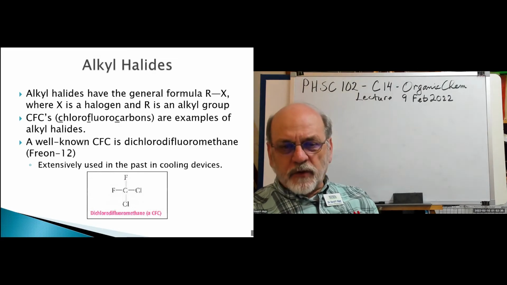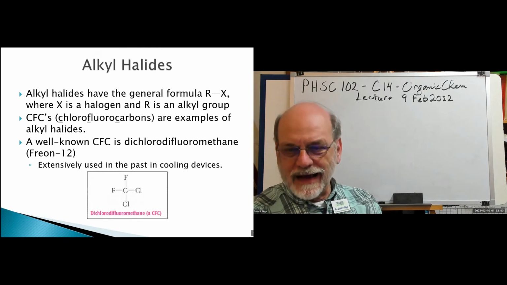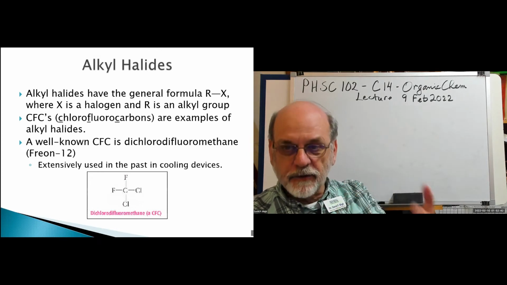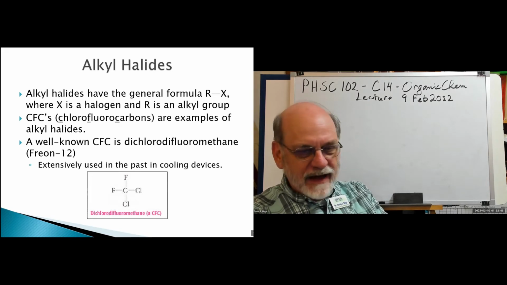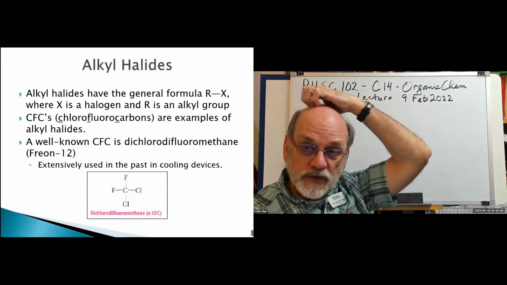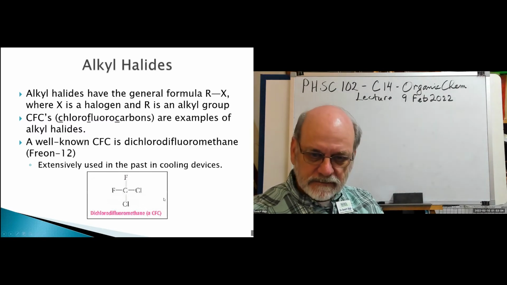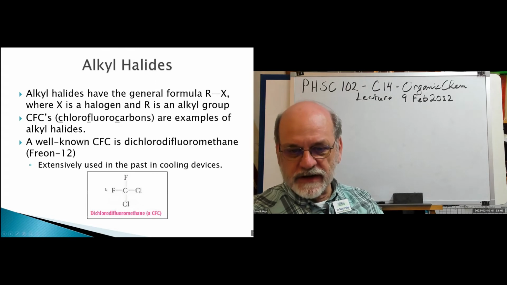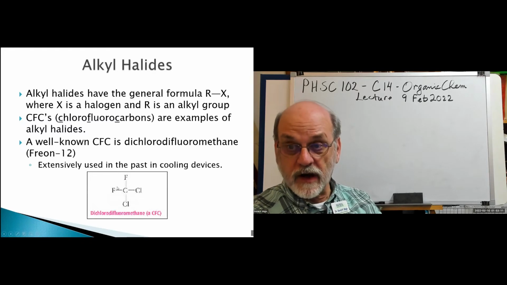Now, the numbering system for these alkyl halides of this variety, these Freon type molecules, is kind of strange. I think I inserted a slide here with the rules, but it's not going to be something you're expected to remember. I mean, I don't even remember it, and I have to read the rules again whenever I want to decipher what Freon 12 means. But this is the molecule that's represented by dichloro-difluoromethane, or Freon 12.